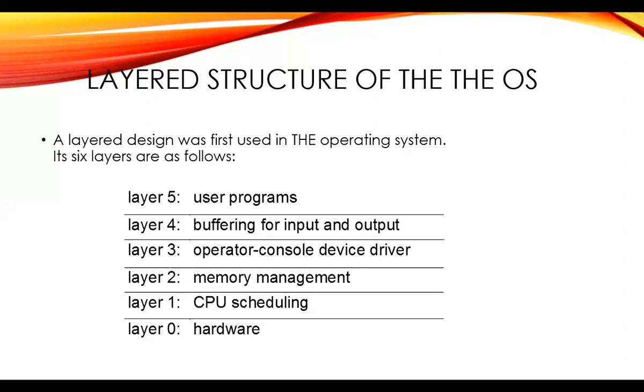In the layered structure of the OS, the layers are stored like this. The layer design was first used in an operating system with six layers. Below layer 0 is the hardware. Next come CPU scheduling, memory management, operator console, device drivers, buffering for input and output, and finally the user programs. Hardware is the basic thing.